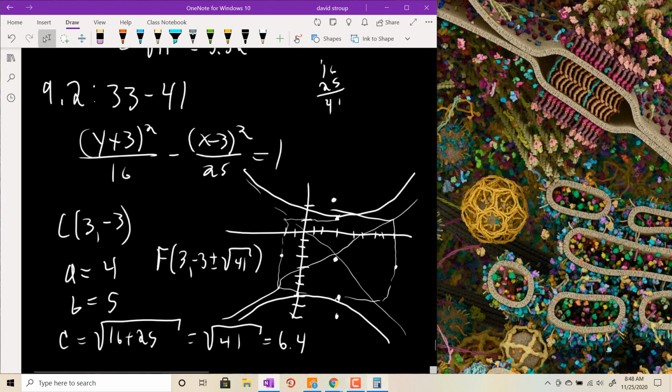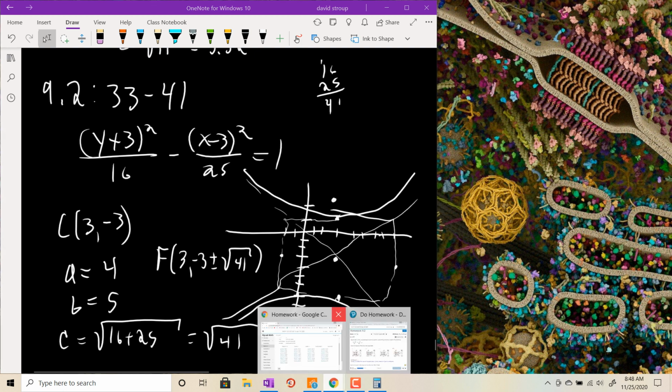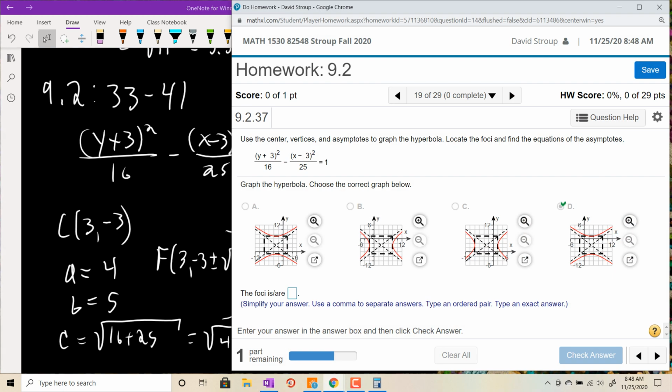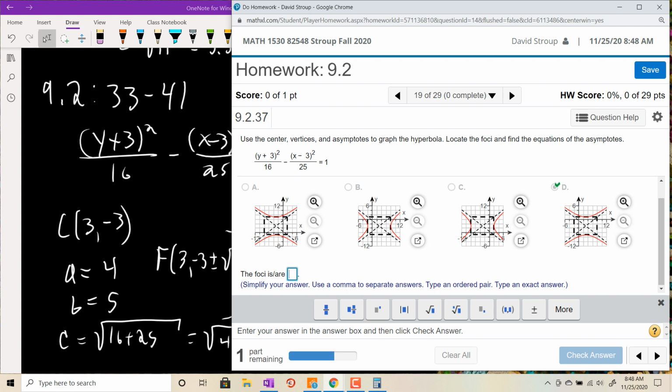Okay. So getting back here to this thing. Type ordered pairs.